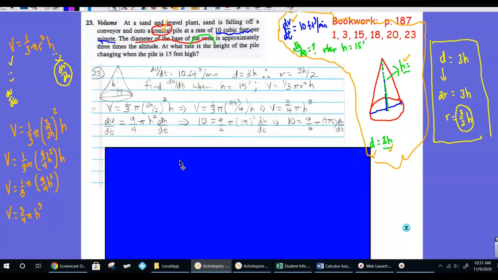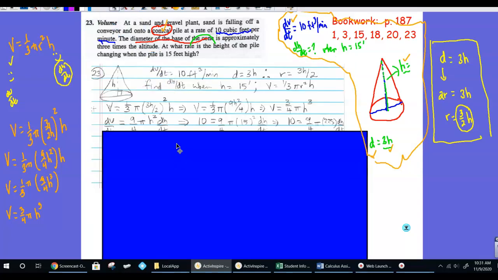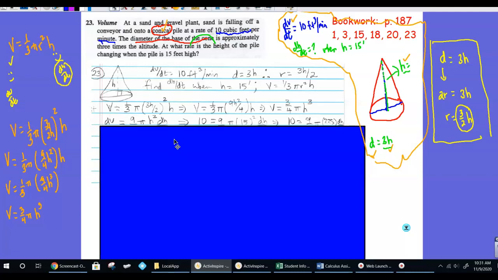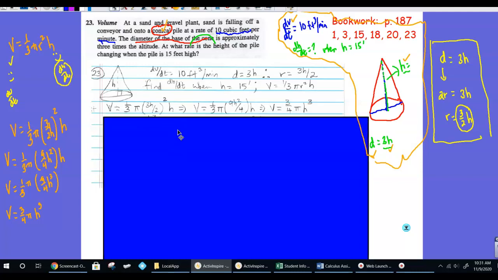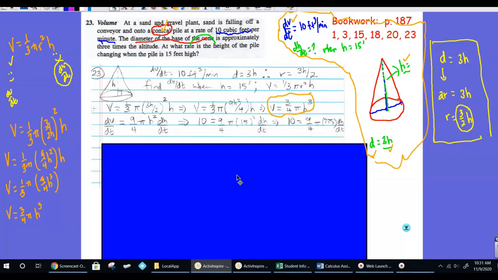So that would become, and here's the work you can see right here. So I am up to this point right here. So 3/4 pi h cubed. And so then I'm going to take the derivative of V to get dV/dt on the left-hand side.